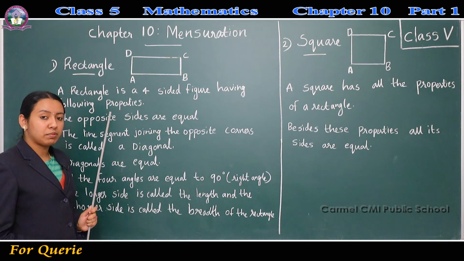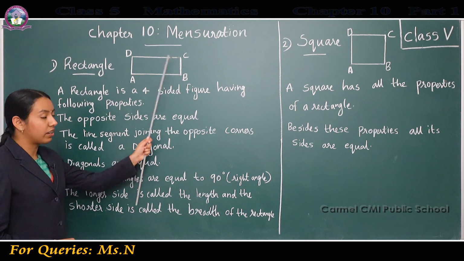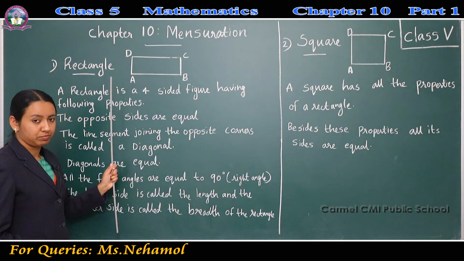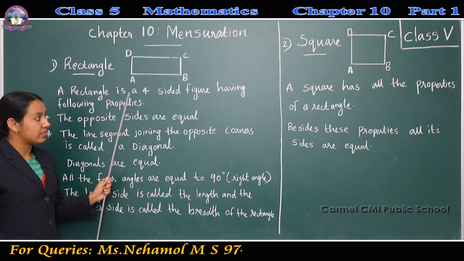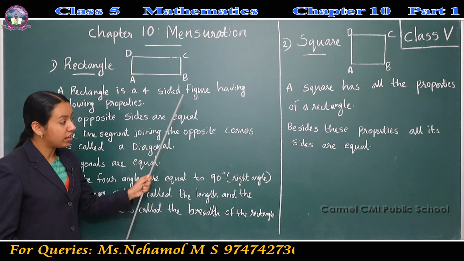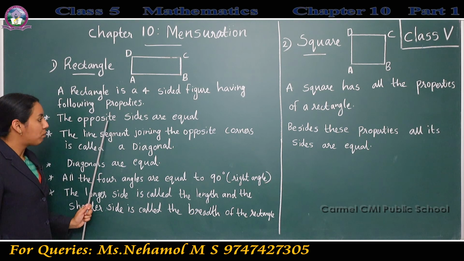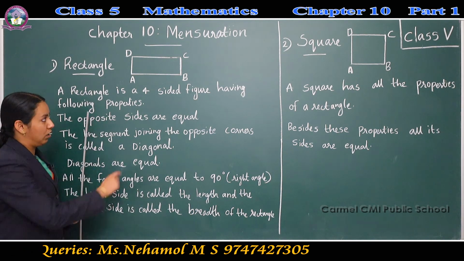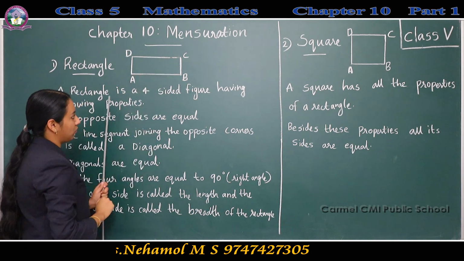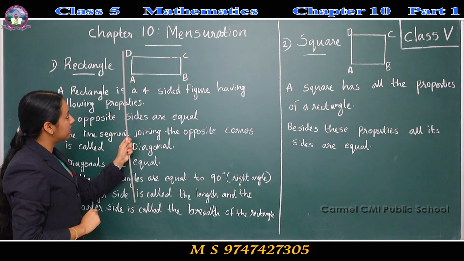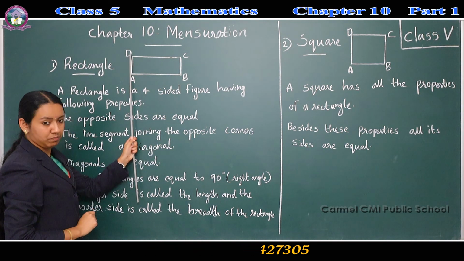Rectangle. What do you mean by a rectangle? This is a rectangle ABCD. Then a rectangle is a four-sided figure having the following properties. The opposite sides are equal. AB is equal to CD.